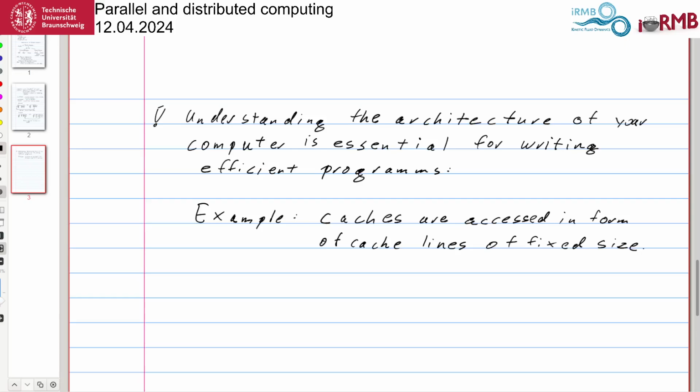Or say, okay, this is the processor, but then you have a data bus. The data bus has a certain width. Say the width is, I have to admit I don't know what usually the width is, but say it's 256 bit.